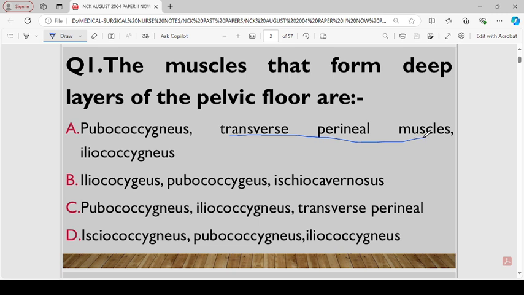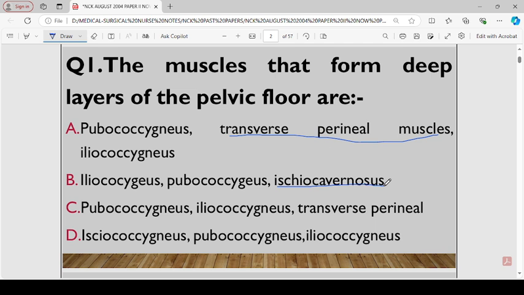It's not a deep one, so this makes this option wrong. Number 2, we have iliococcygeus, pubococcygeus, and ischiocavernosus. Yes, this is also a superficial muscle, and this makes this option wrong.